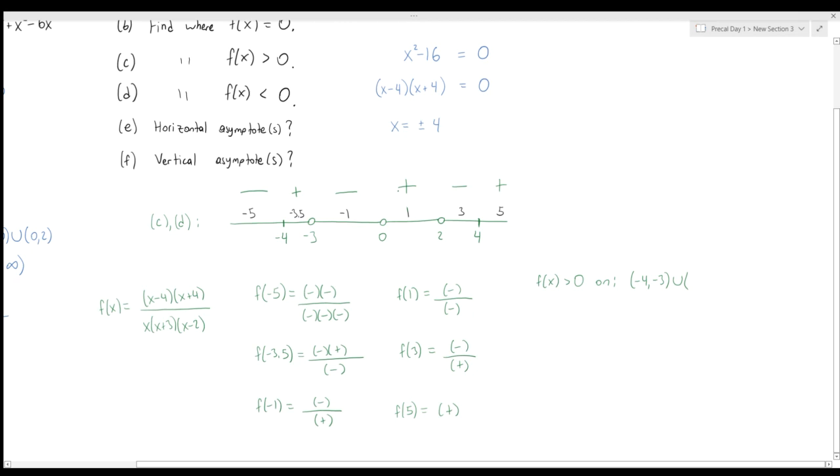Zero to 2, it's also positive there. And then 4 to infinity. All right. And then we see that f was negative on these 3 intervals.